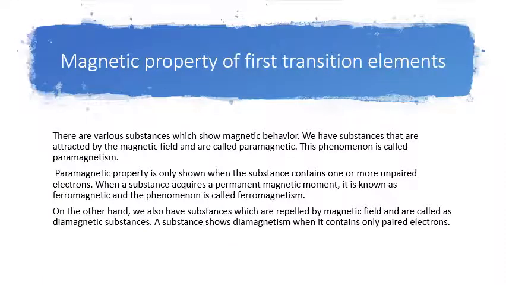Now we see the magnetic property of the first transition elements. The first transition elements show different kinds of magnetic behavior when they are placed under the influence of a magnetic field. When substances or elements are attracted by the magnetic field, such behavior is called paramagnetic property, and the phenomenon is called paramagnetism.